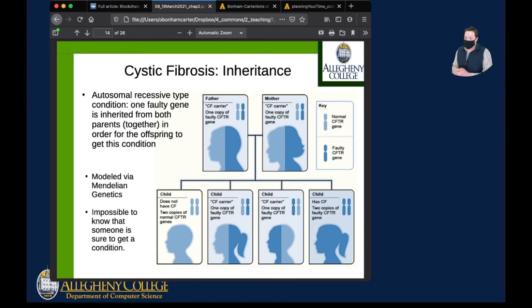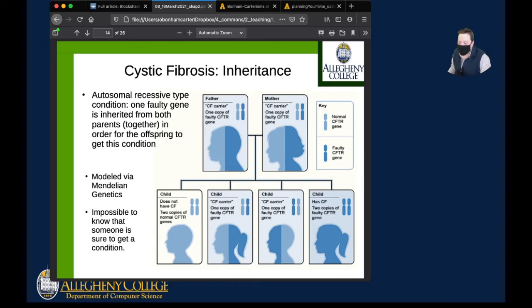If they're a carrier, that means they're not expressing cystic fibrosis, but they have one gene which does express cystic fibrosis, and the other one which does not. They're carriers because they're not showing the cystic fibrosis disorder, but they do have the gene in their bodies.